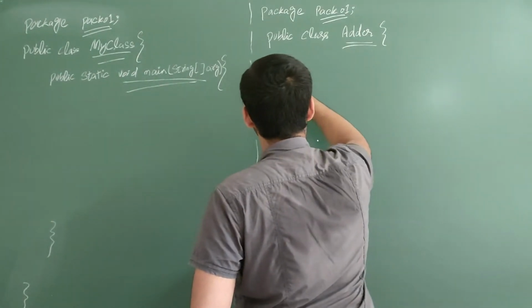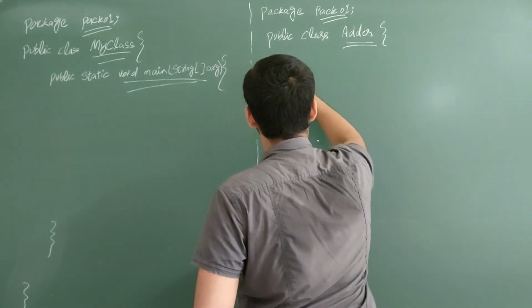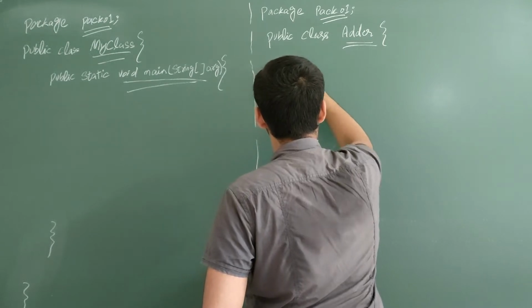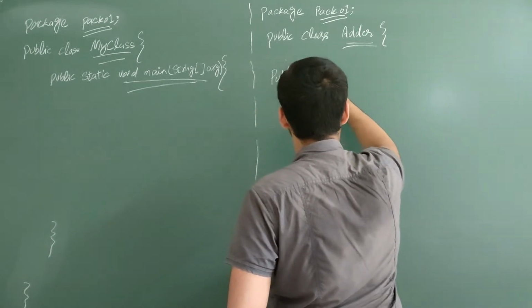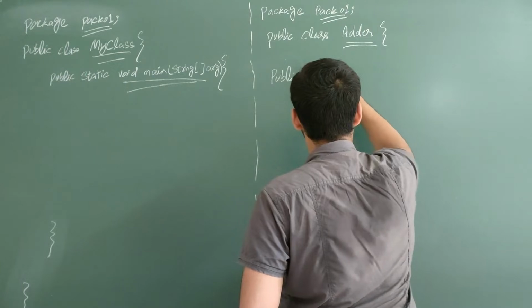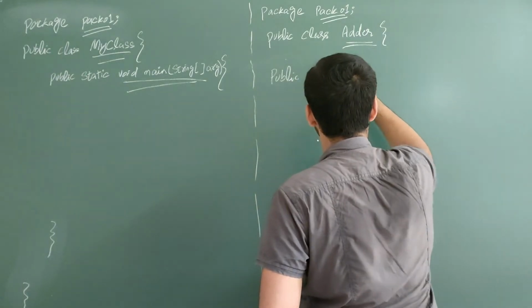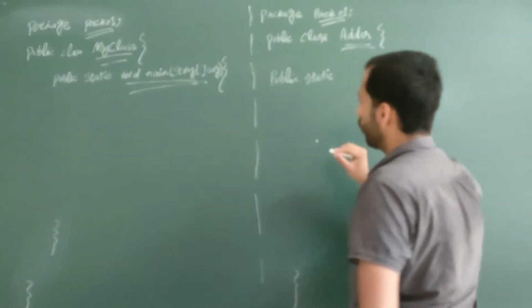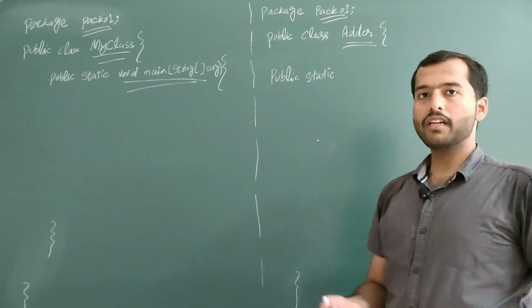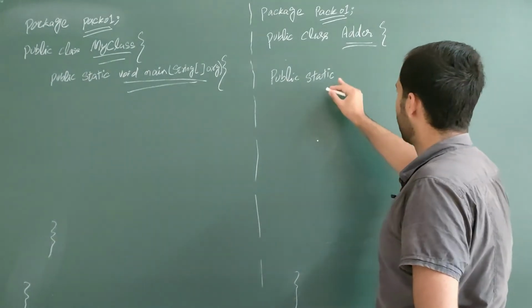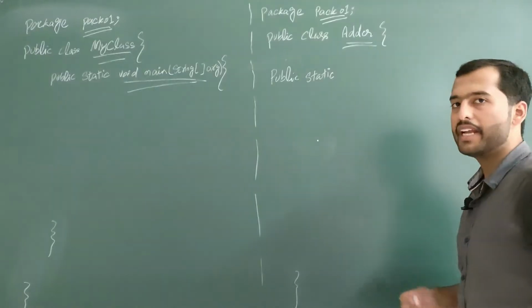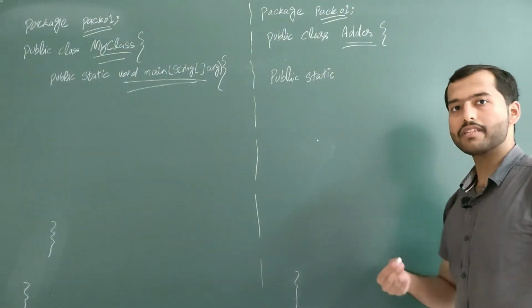First I will show you a method with a return type. For that one, I will take the example of an integer. The return type is integer.